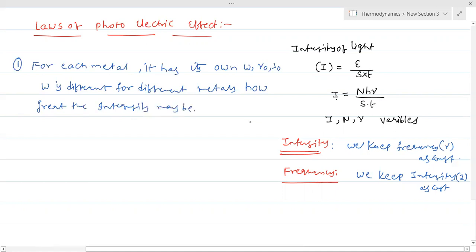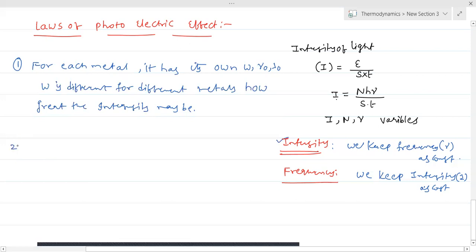Just now we have taken, while we are discussing about intensity, we are keeping the frequency as constant. Simply W depends upon only the nature of the given sample, and it is independent of everything. It is independent of intensity, number of photons or frequency, whatever.